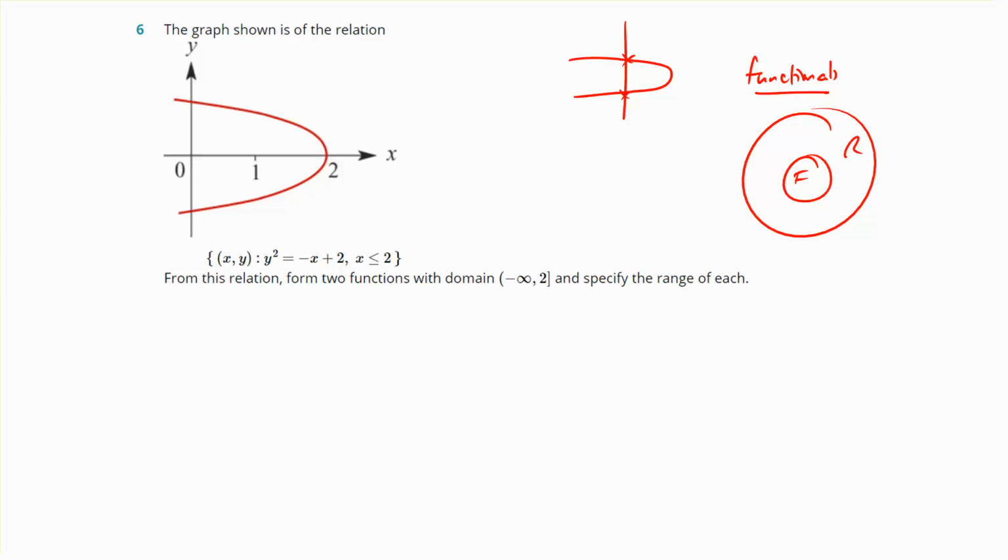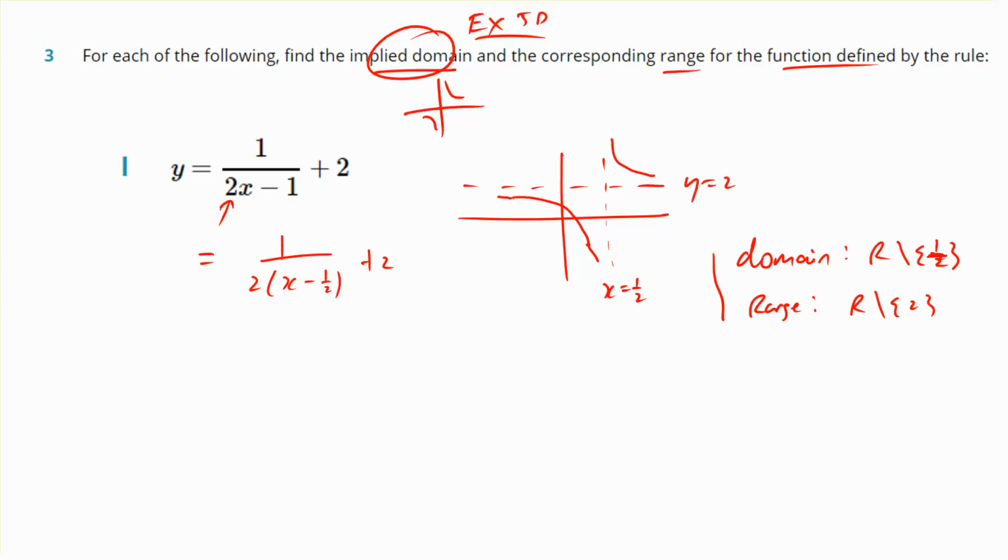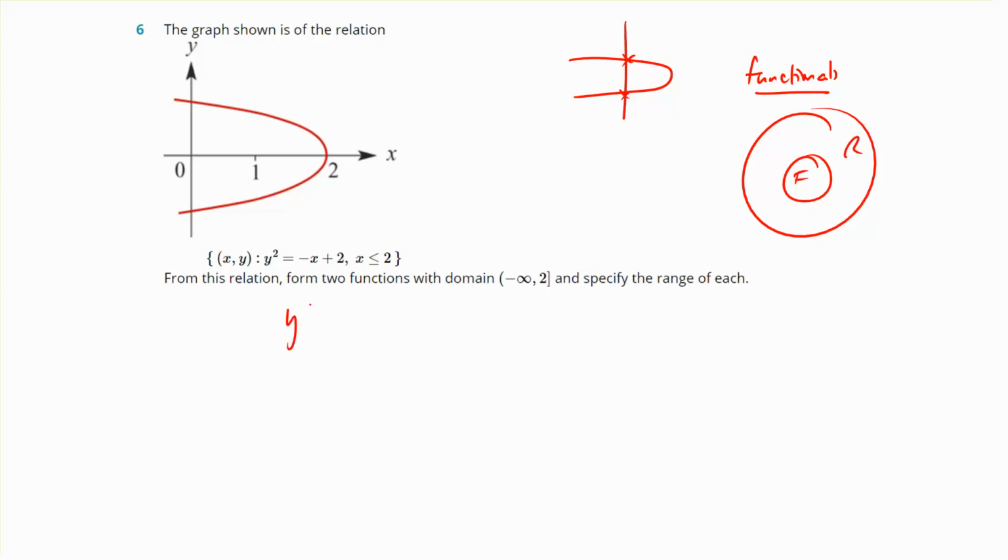So we've got a sideways parabola, and it's given by this rule. Form two functions with the domain and specify the range of each. The rule is y squared equals negative x plus 2. If I square root both sides, I get y equals plus or minus the square root of negative x plus 2.